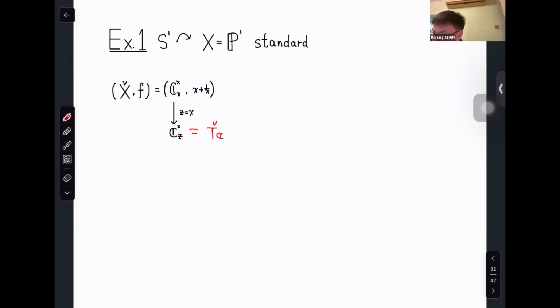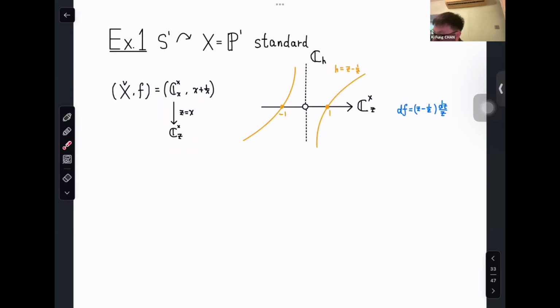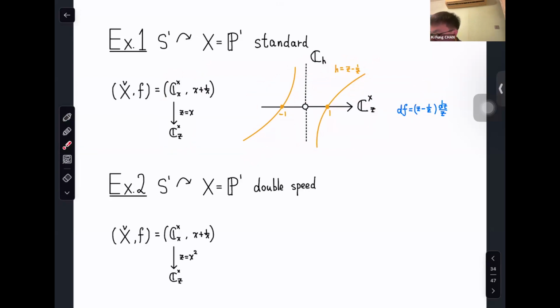But I use z to be the coordinate of TC check and x to be the coordinate for X check. And this is the Lagrangian. To obtain the Lagrangian, you basically take the differential. So df is equal to (z minus 1 over z) times dz over z.